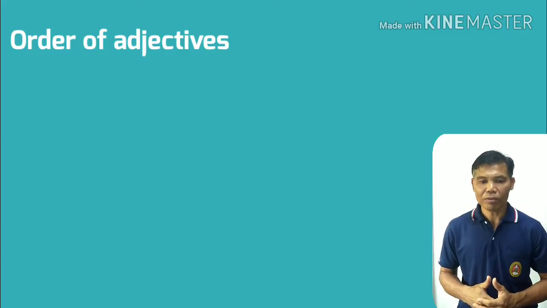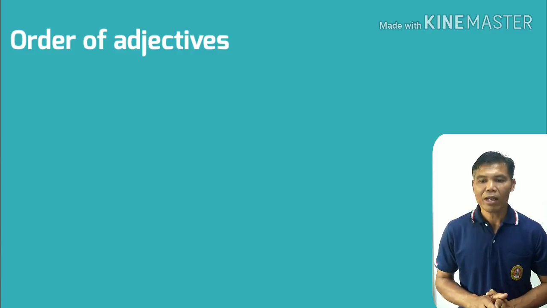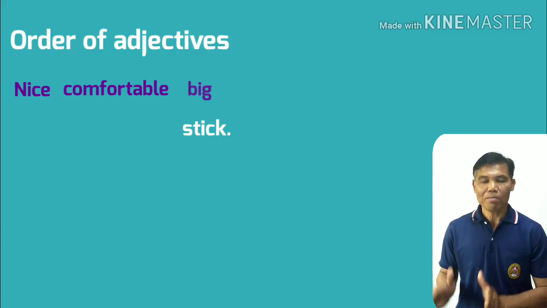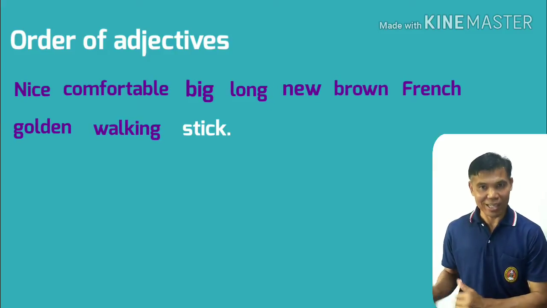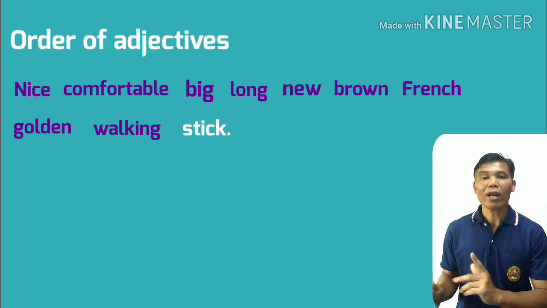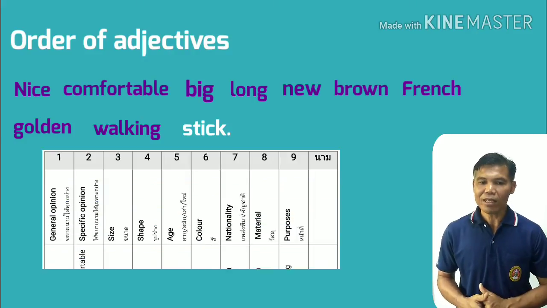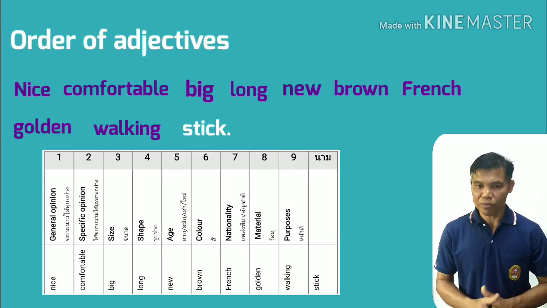So, for example, I can use 8 adjectives to describe the noun stick. So I can say nice, comfortable, big, long, new, brown, French, golden, walking stick. So I use 9 adjectives actually to describe one noun. But I have to make sure that I put them in correct order, starting from opinion, which is nice, and then opinion again, comfortable.